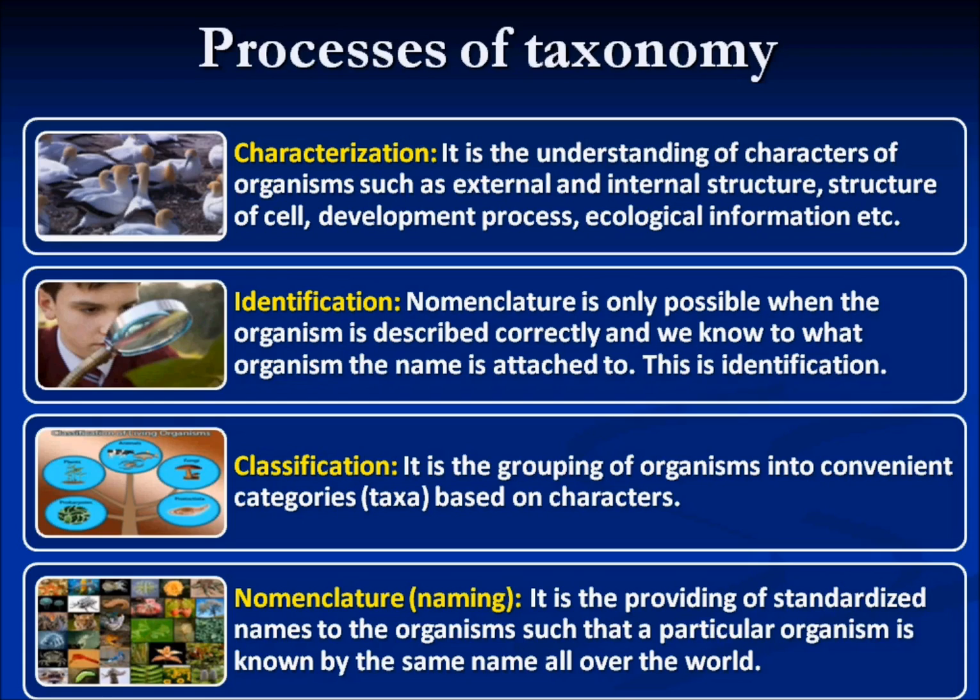And also we take into account the development process, how these organisms are developing after the fertilization process, after the male gamete gets fused with the female gamete and the zygote is formed, and how that zygote is developing.